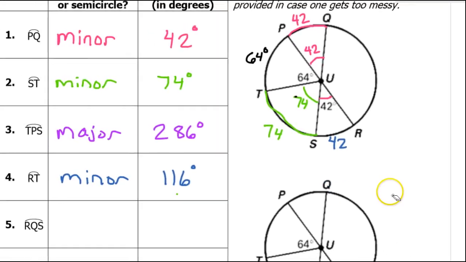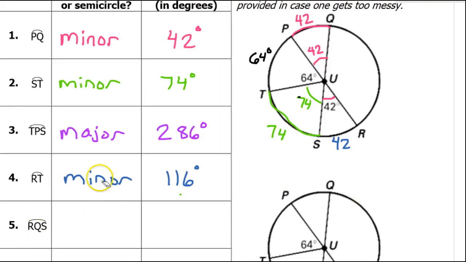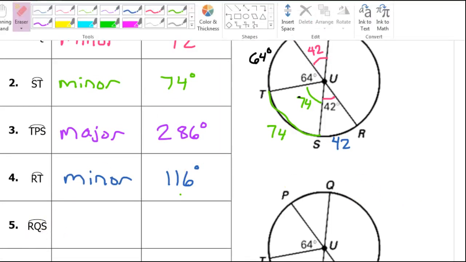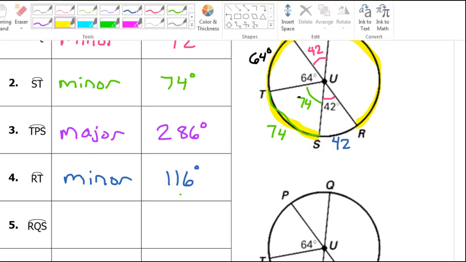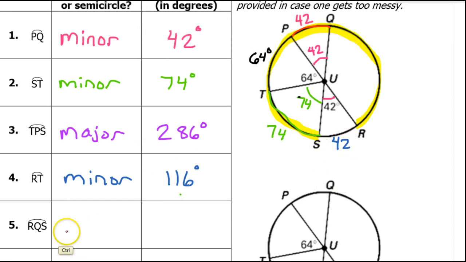All right, what's next? RQS. All right, I have to start from R, pass through Q, and go all the way around to S. RQS, whew, long way around. Obviously a major arc, once again.